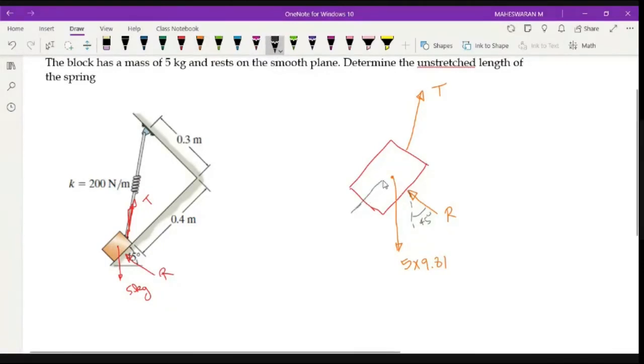I'm going to draw this line like this. Okay. So considering this, this angle I have to identify first. Which is 0.4 and 0.3, right? Which is 0.4 and 0.3.